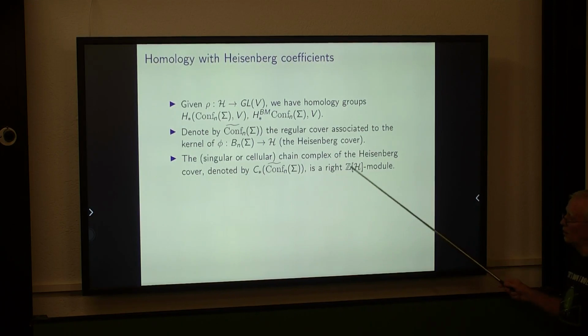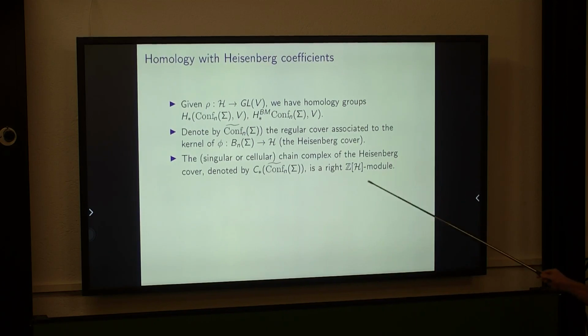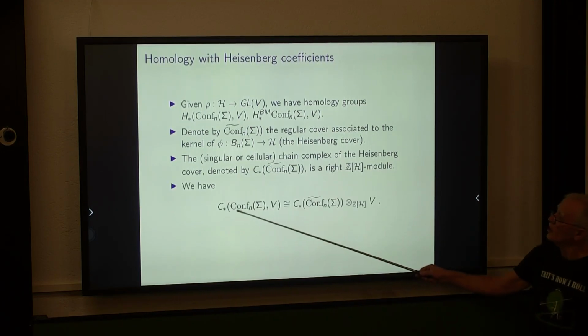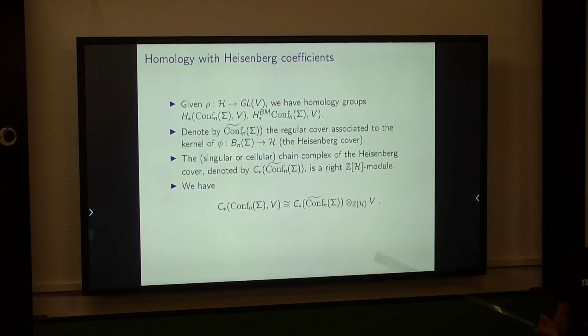By deck transformation, it supports an action of the Heisenberg group, so it's a right H-module. And you can rewrite your chain complex for the local homology by replacing the previous universal cover by this Heisenberg cover, which will be a bit smaller and more manageable.